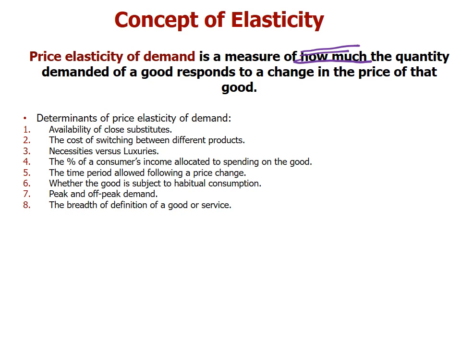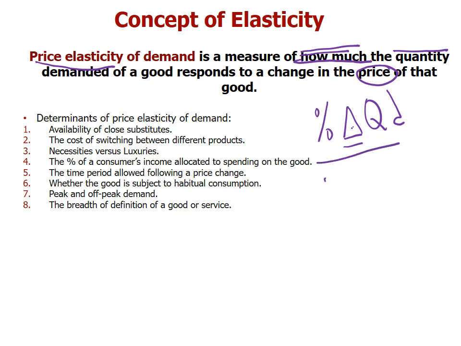This is why the formula for calculating the price elasticity of demand is percentage change in quantity demanded, where this sign is a change sign, divided by percentage change in price. So what is changing? Quantity demanded is changing as a result of price.